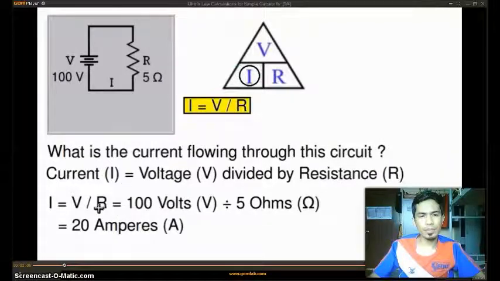So in this case, we have 100 volts for the voltage and 5 ohms for resistance. That would be 100 volts divided by 5 ohms, which gives us 20 amperes. So 100 volts would push 20 amperes of current through a 5 ohm resistive load.